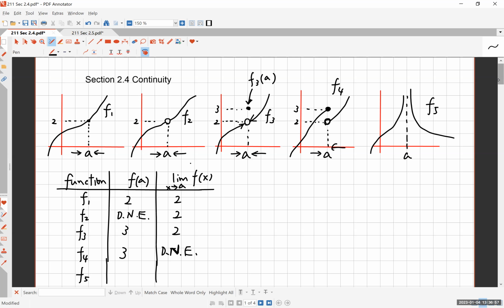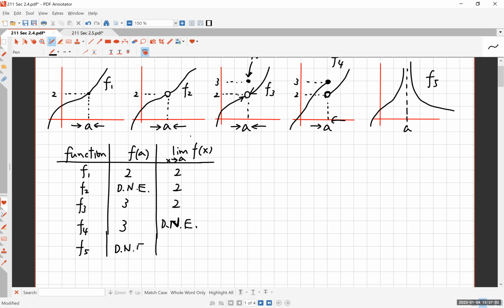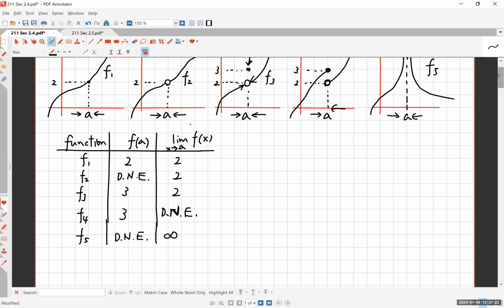And then for f5, f(a) does not exist. And if you look at the limit, you can say it does not exist, but more specifically, the limit of f5 as x approaches a from both sides is positive infinity, which is not a real number, as I said many times. So every one of these has a different behavior at the point a.